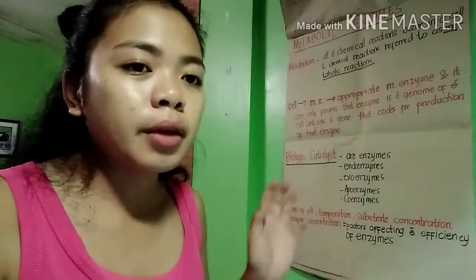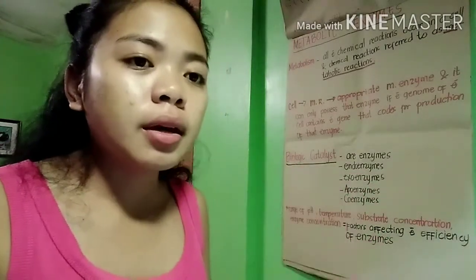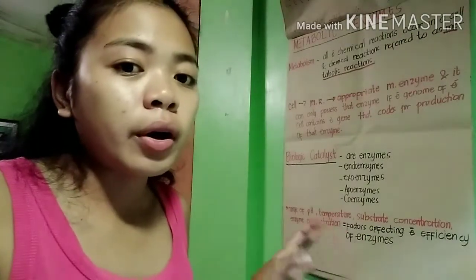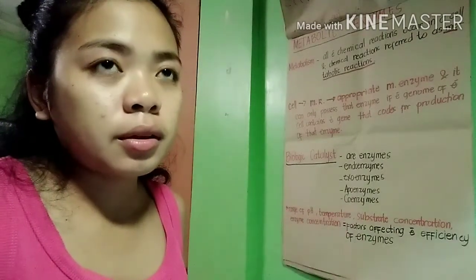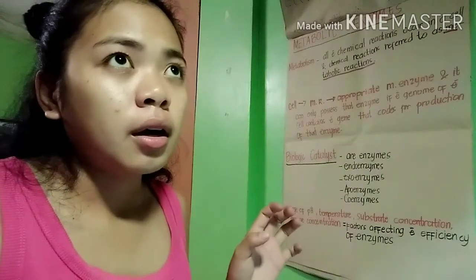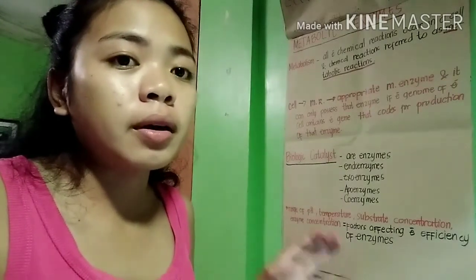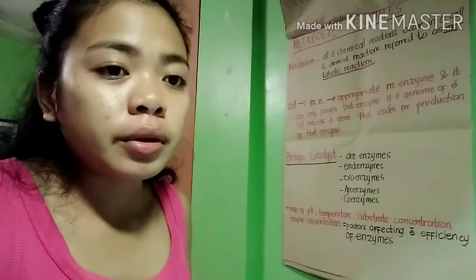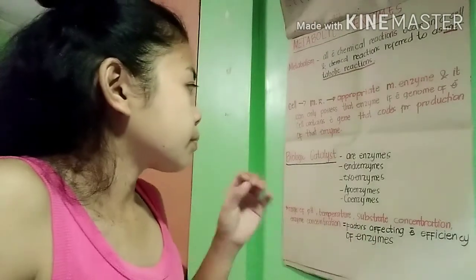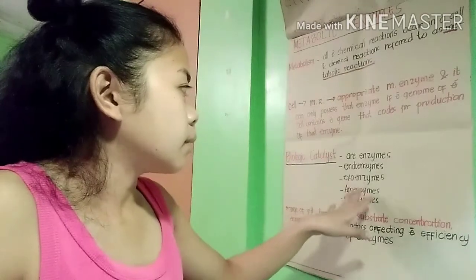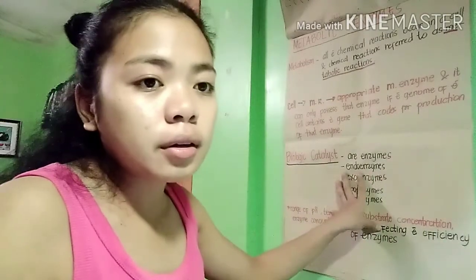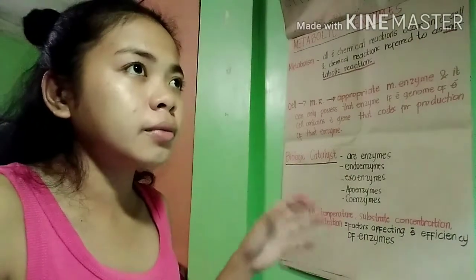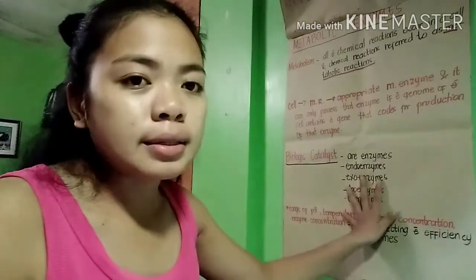So an enzyme, they are the ones that break down the specific substrate that is needed by our body in order to function in a specific organ in our system. We have what we call endoenzymes.